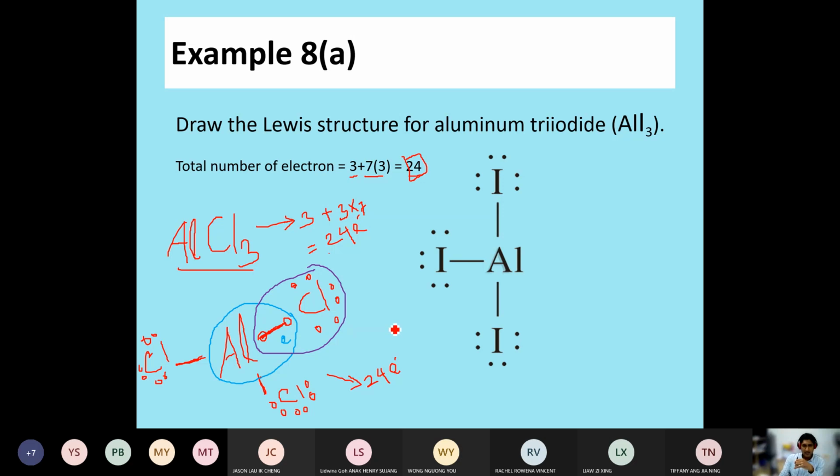If I can explain a bit, aluminium has 13 electrons, right? So 1s2, 2s2, 2p6, that makes 10, and then 3s2 and 3p1.